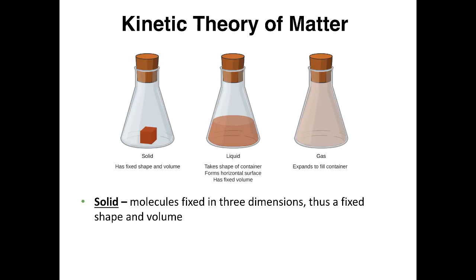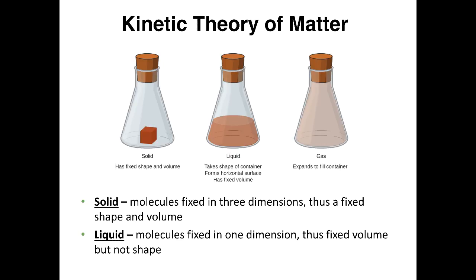Now, even in this fixed shape and volume, these molecules still have some degree of motion or vibration. And this motion or vibration can transmit energy to other aspects of matter.